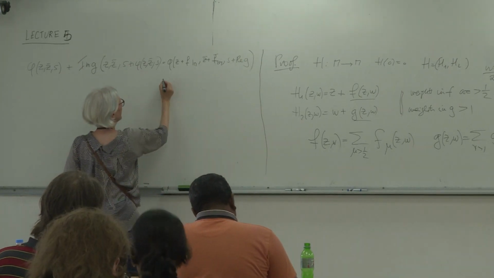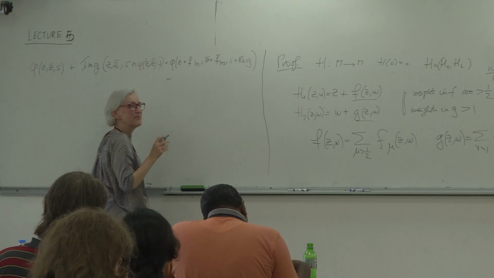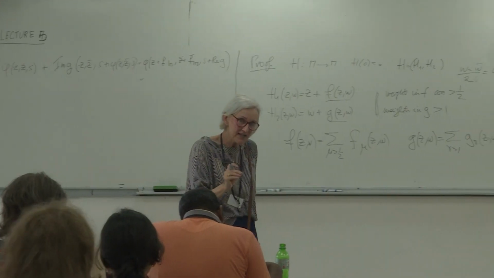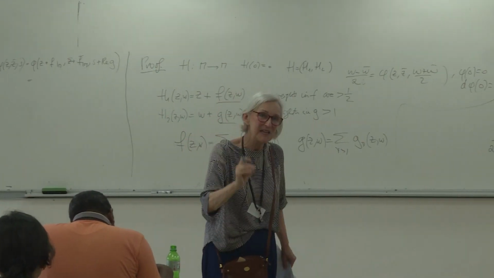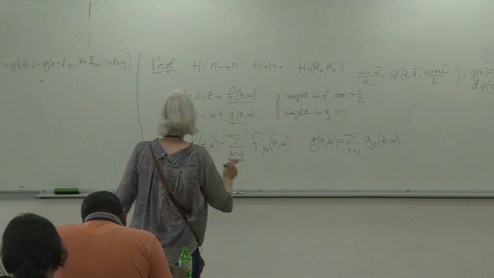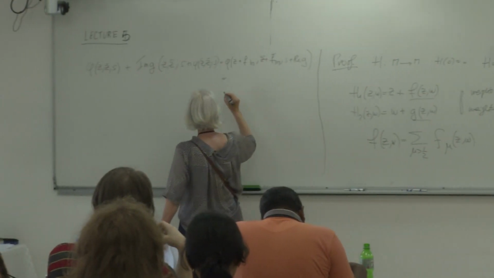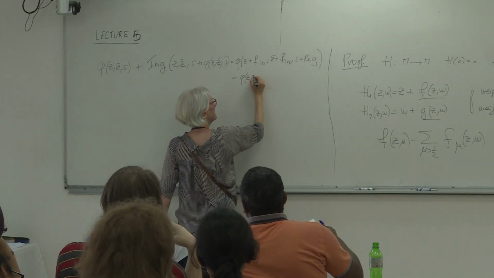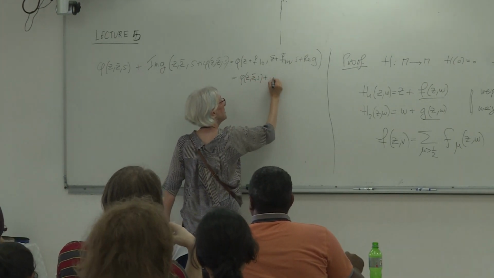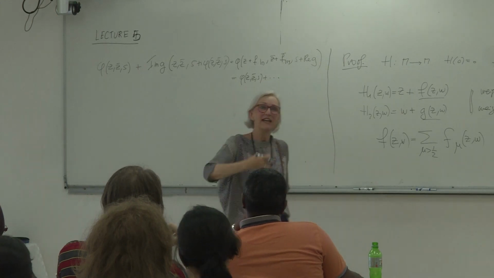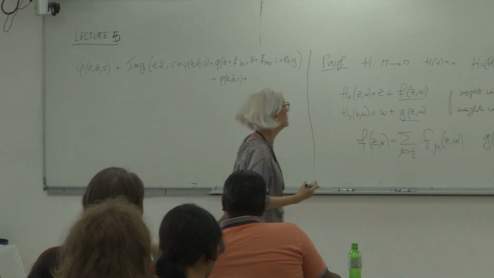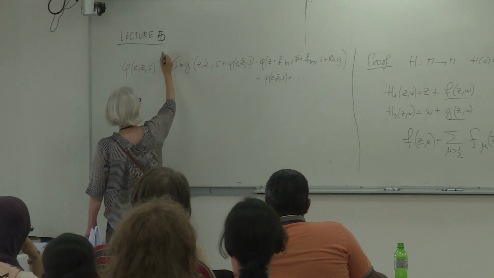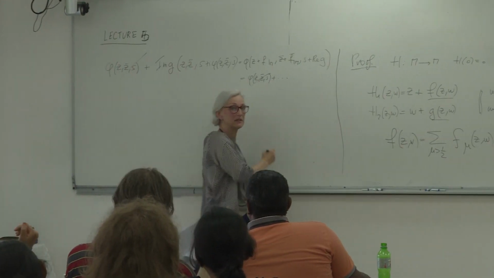And here, I will do a Taylor expansion at Z Z bar S. So what is the first term I get? It's phi of Z Z bar S plus terms which involve F and G. So the good news is that they cancel out.